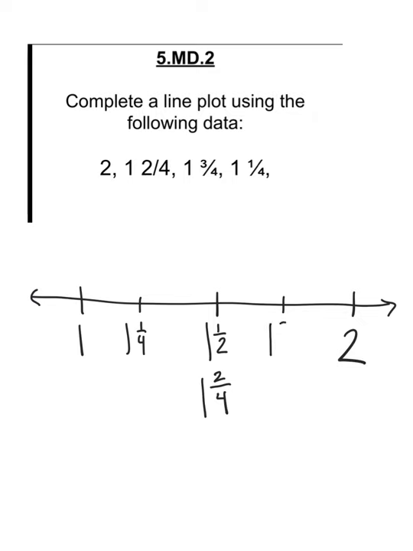And then 1 3/4 goes right here. Okay, so it looks like we have one of each. There we go. That's what your line plot should look like. You're going to make sure that you represent each piece of data with an X on top of the line plot.